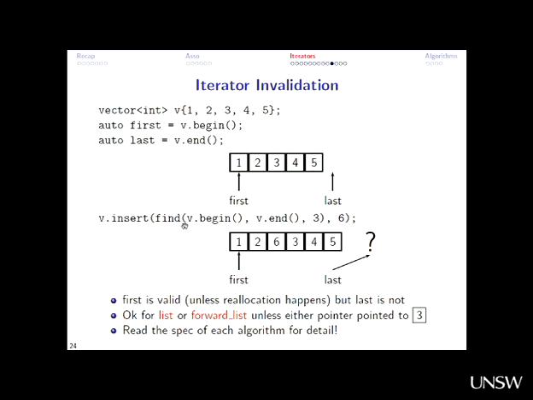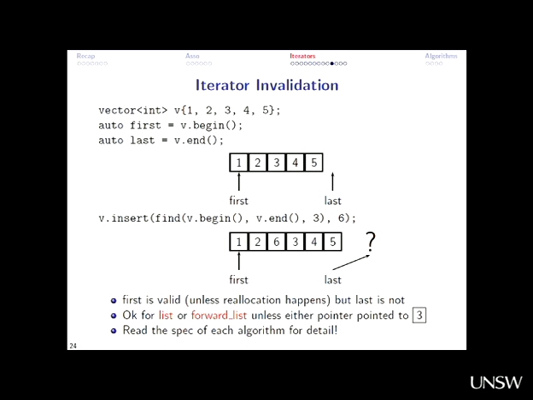Now, if we use the algorithm find to find the number 3, and we want to insert the result of that into position 6, that doesn't make sense, because there are only 5 elements in this collection. So that's not going to work.